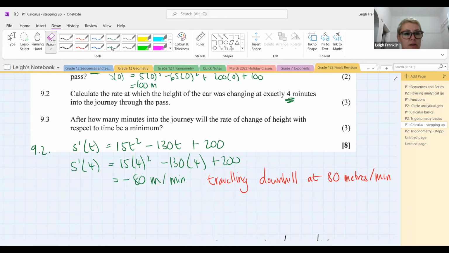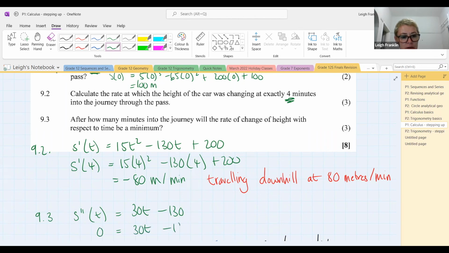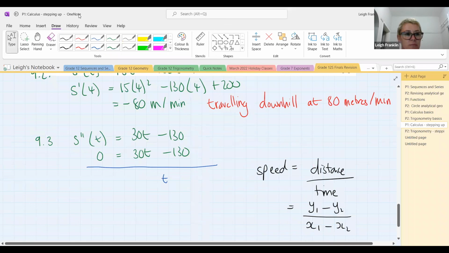So in 9.3, we're going to take our second derivative. S prime prime t is going to give us 30t minus 130. For it to be at a minimum, that would be equal to 0.